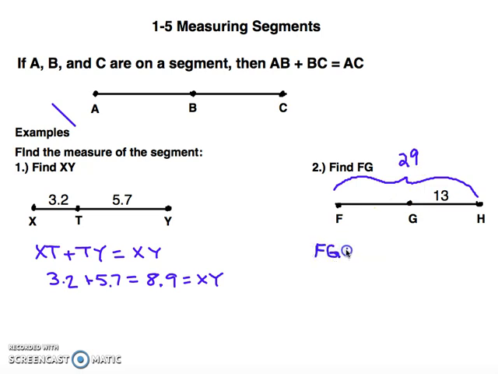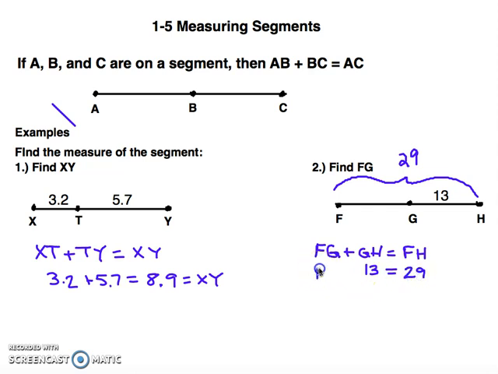FG plus GH equals FH. So if we plug in these values, we don't know what FG is, but we do know that GH equals 13, and we also know that FH equals 29.